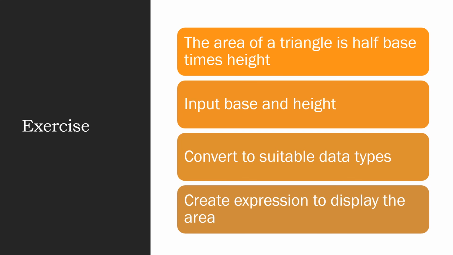Convert those two variables into suitable data types and create an expression that will display the area of a triangle. If you can do that, then you can be confident that you understand Python functions and expressions and can create suitable numerical calculations.